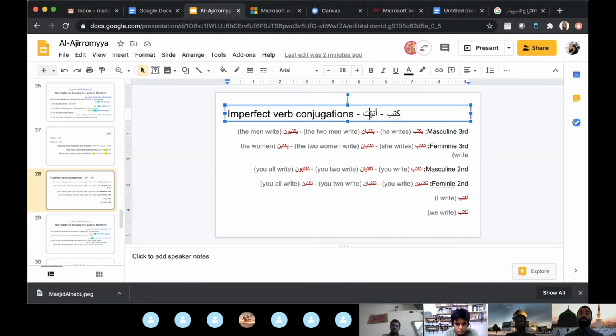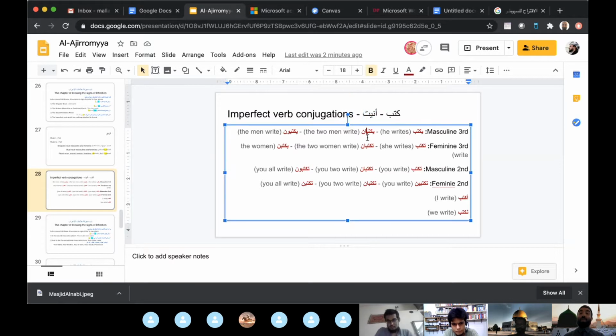So these are the letters of mudara'a, the letters of imperfectness, all the letters that you see at the beginning. Let me break it down a bit more. The first letter that you see in the imperfect verb is the letter of imperfectness.